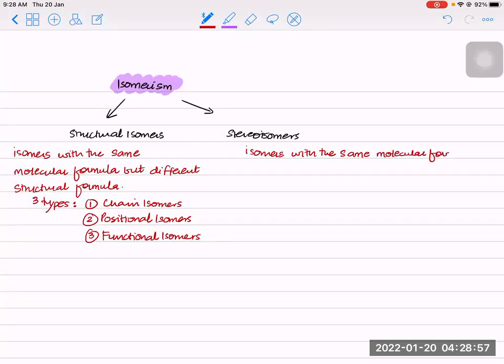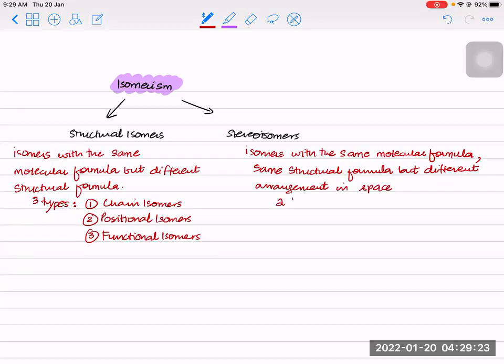They have the same structural formula as well, but different arrangement in space.